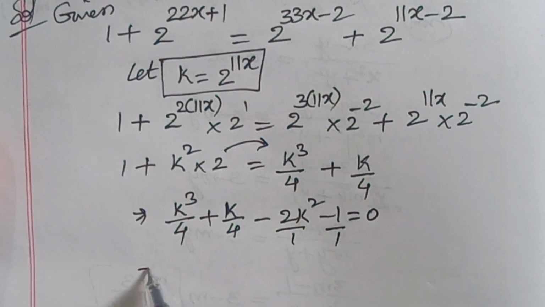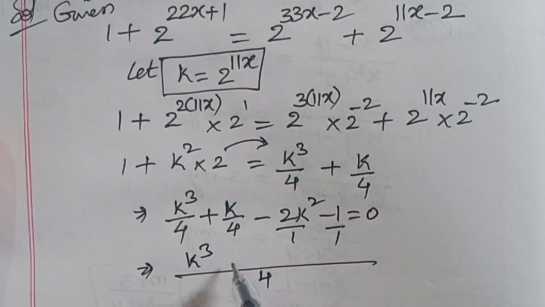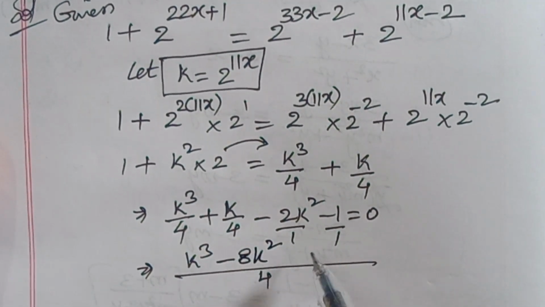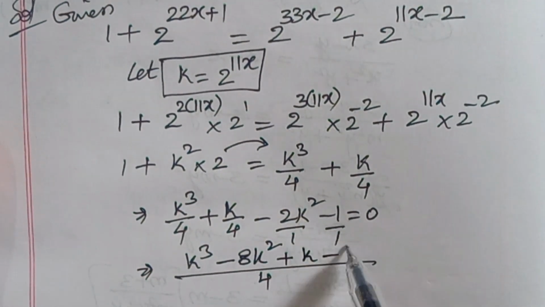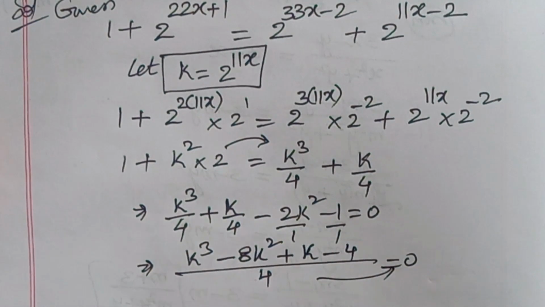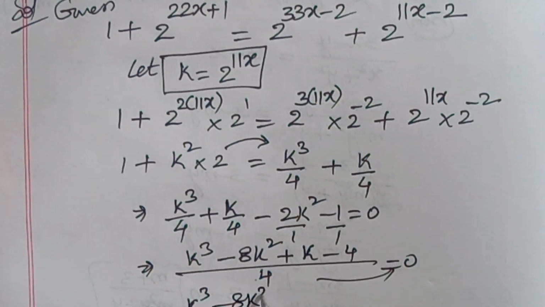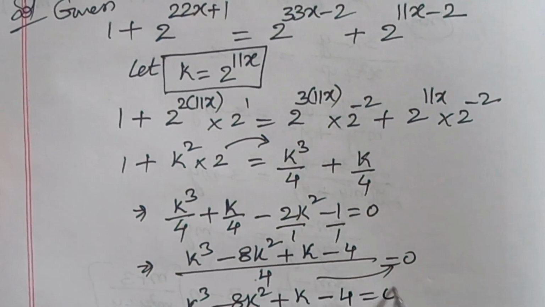Now taking LCM, k cube minus 8k square plus k minus 4 equal to 0. Now you will get a cubic equation k cube minus 8k square plus k minus 4 equal to 0.